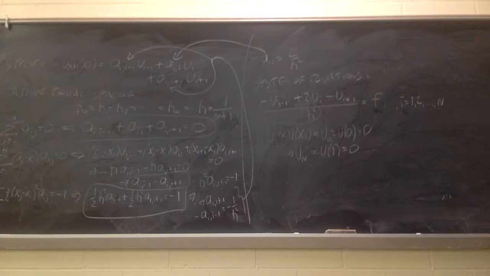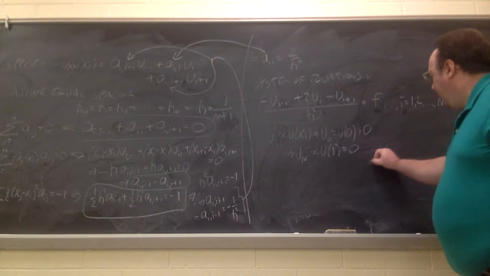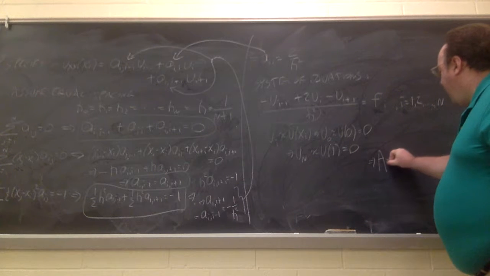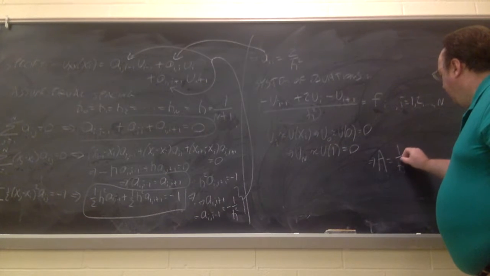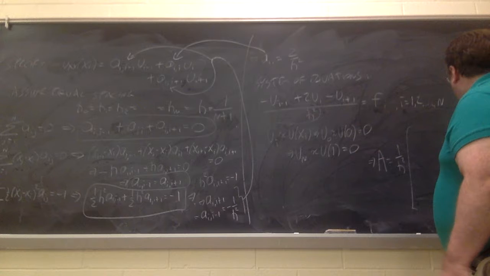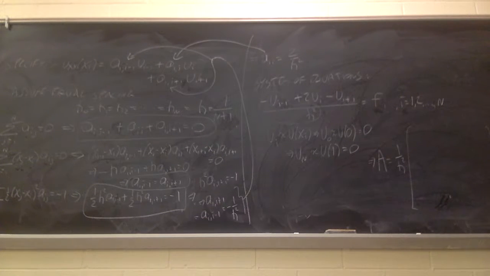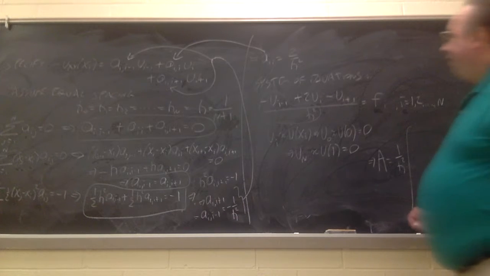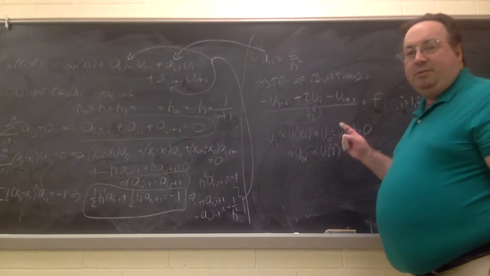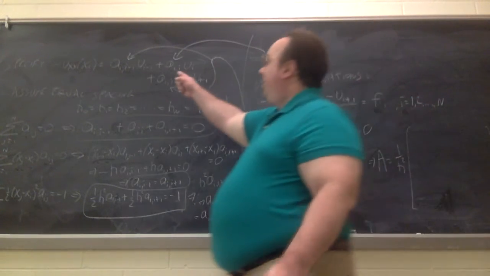Now, I want to show you, since this is a system of linear equations involving a matrix, AU equals F, what does A look like? A is equal to, every term is a 1 over h squared, so I'm just factoring that out. Think of how I labeled these matrix entries over here.